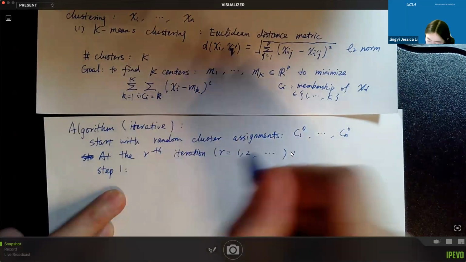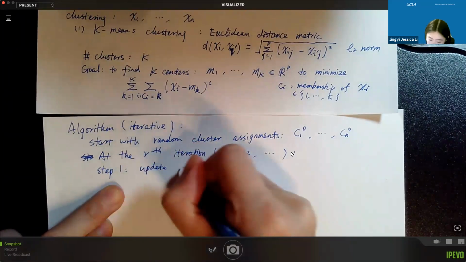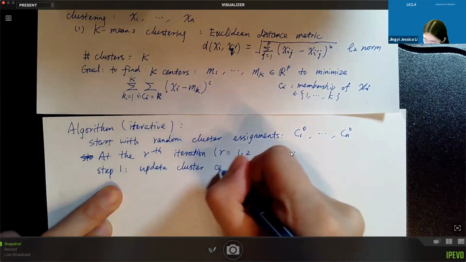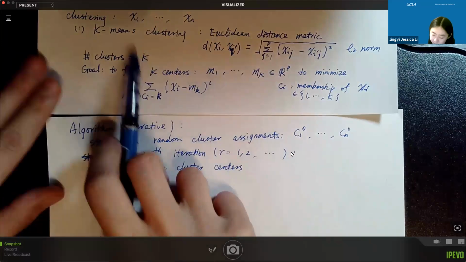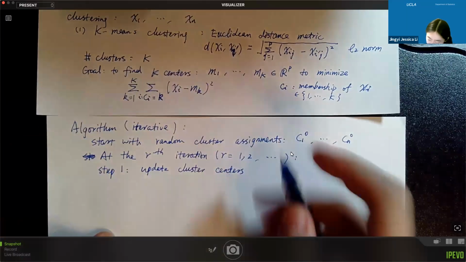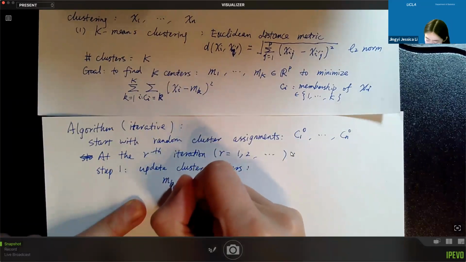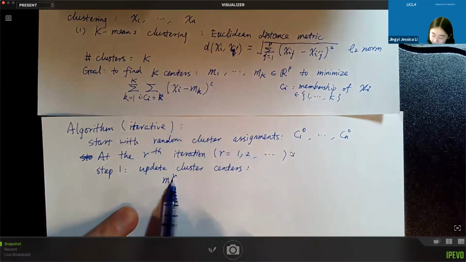So update cluster centers. Here the centers are actually means. So I will call this m_k^r, which stands for the rth iteration.